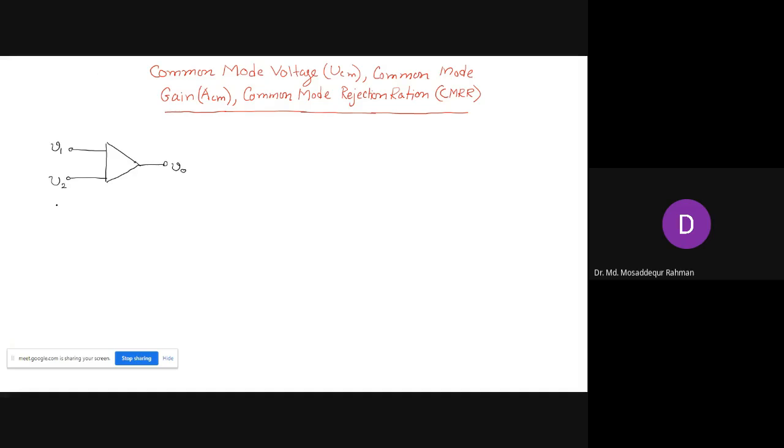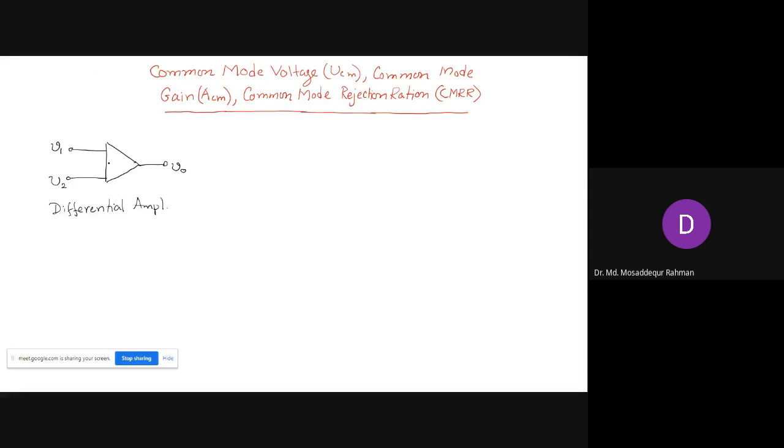So let's say this is our differential amplifier. The symbol is same for op-amp. Op-amp is also an amplifier with two inputs, and so is the differential amplifier.